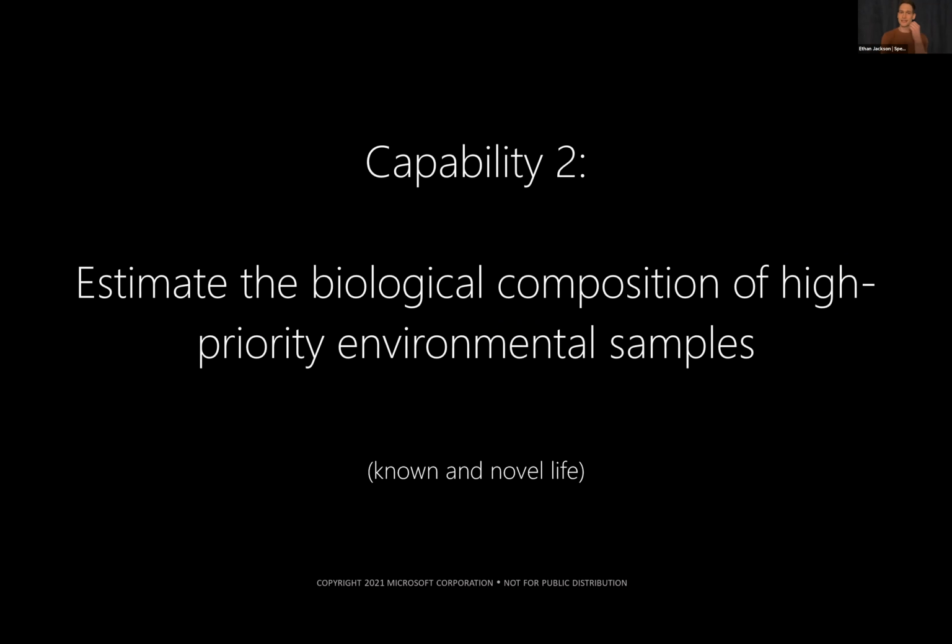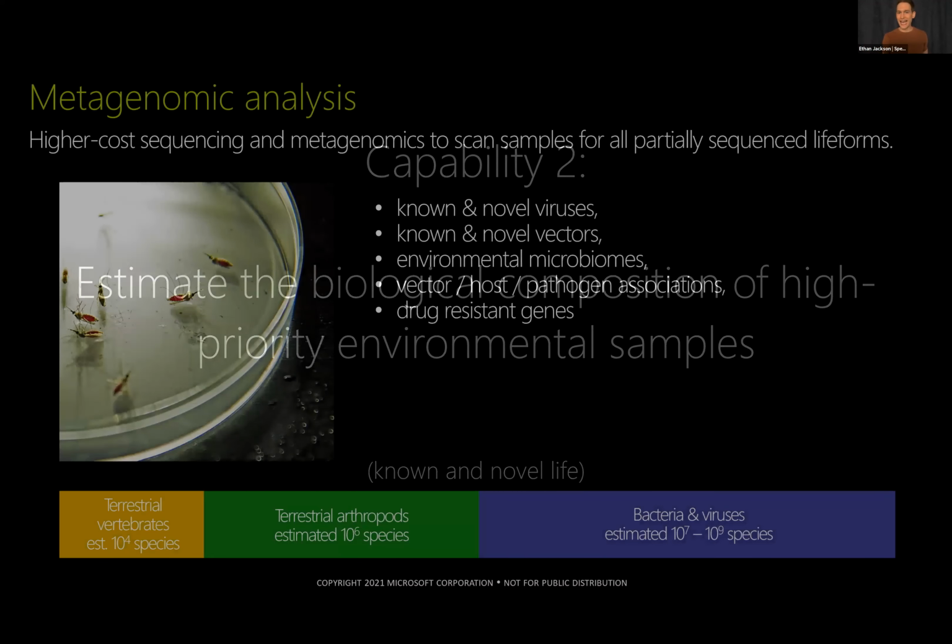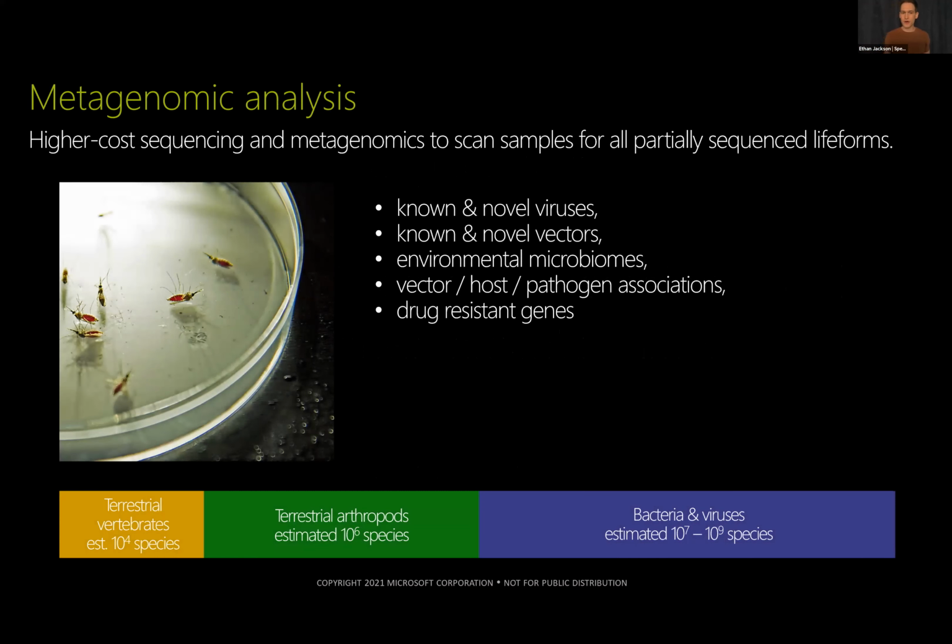And so that brings us to the second capability that we have been working on, and that's a capability to estimate the biological composition of what you have prioritized to sample from the environment. Because so much of the biome is unknown, we need to be able to detect both known and novel life forms. As described before, our approach, because it allows us to see across all of the taxa of life, is to use metagenomic analysis.